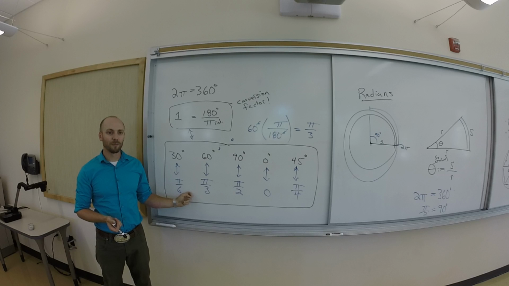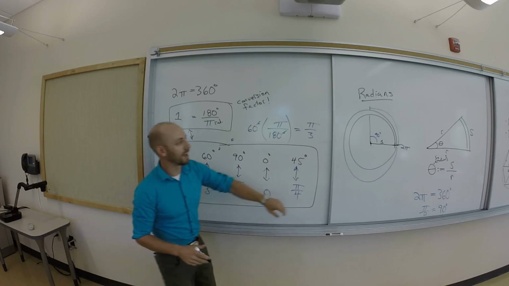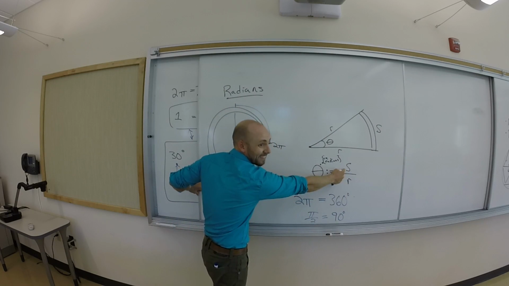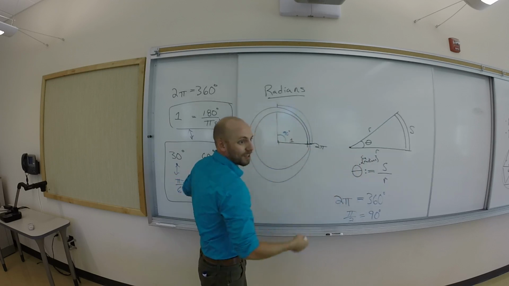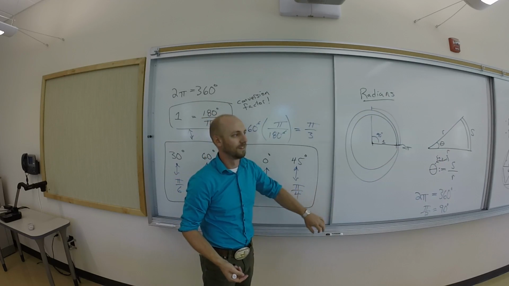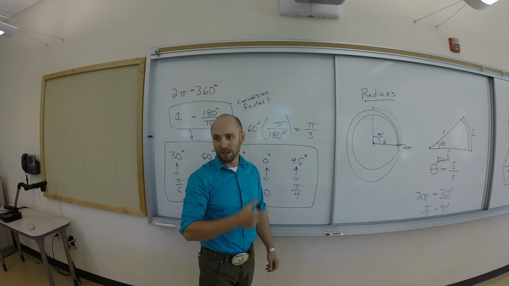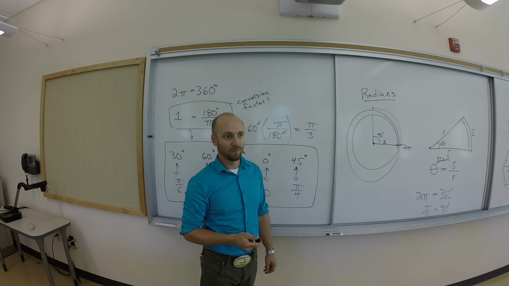Sometimes it'll be easier to work in radians because I'm trying to do more complicated things like sector lengths, which are dead easy in radians and really complicated in degrees. So depending on the application, I'm going to switch back and forth between these. Cool?